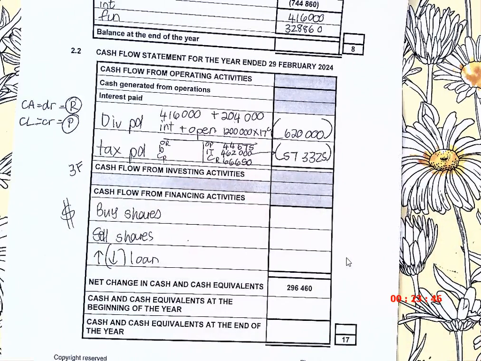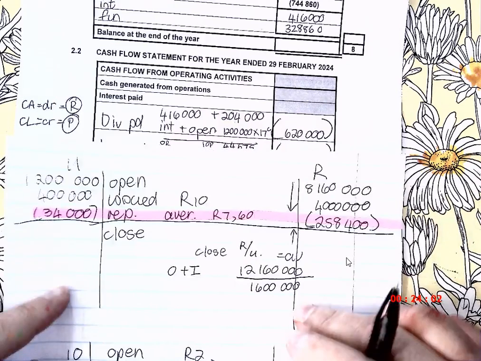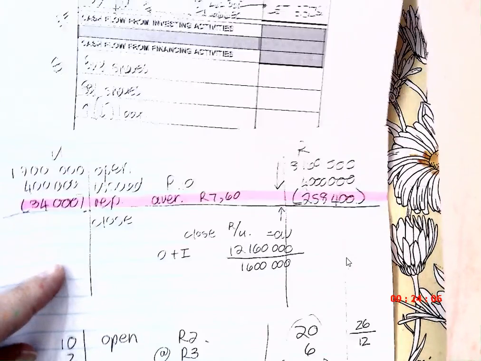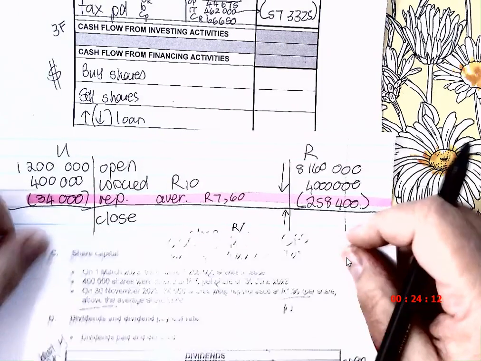Okay. So now let's go look. Can I just quickly borrow my ordinary share capital note? You're actually going to do a little one like this for yourself, because it's going to make your life easier. I want to show you how easy it is to do it somewhere here on the note itself.